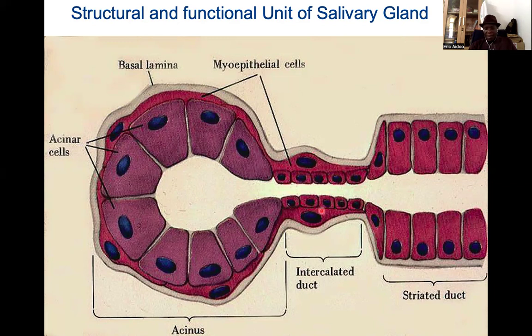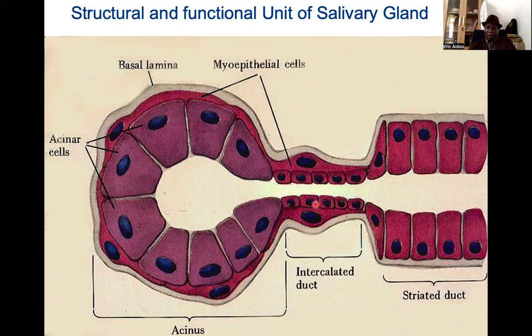Now the neck here, between the secretory portion and the major duct, is the intercalated duct. You also have myoepithelial cells extending to the intercalated duct. You don't find that in the striated duct. And it is characteristic to note the shape and size of the intercalated duct lining epithelium. From here, you can see it is more squamous.